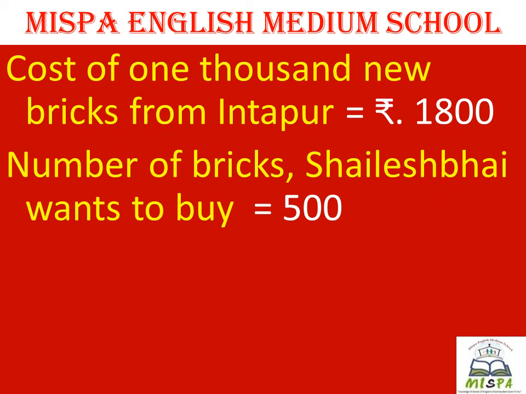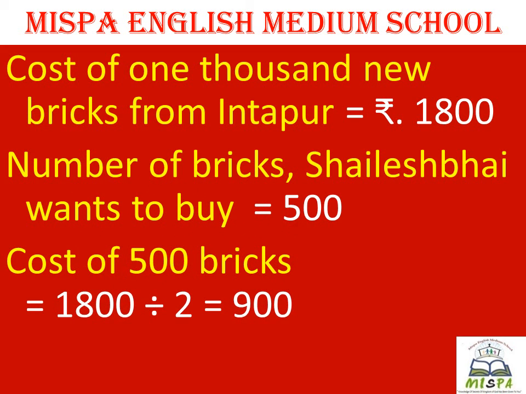Number of bricks Shailesh Bhai wants to buy is equal to 500. The answer is cost of 500 bricks is equal to 1800 divided by 2, that is equal to 900.